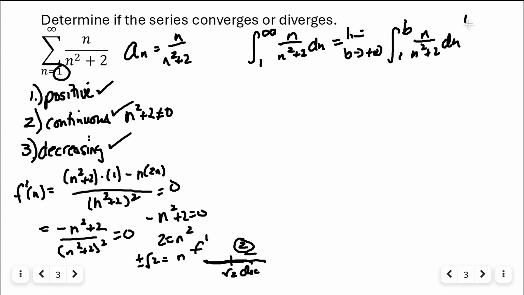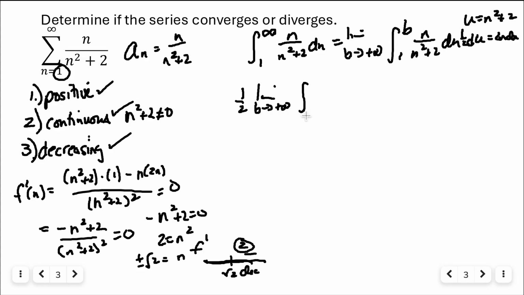To integrate this, I need substitution. So I have to let u be n squared plus 2. du is 2n dn. I need a half here. So this is going to be 1/2 limit as b goes to infinity. We're going to integrate.